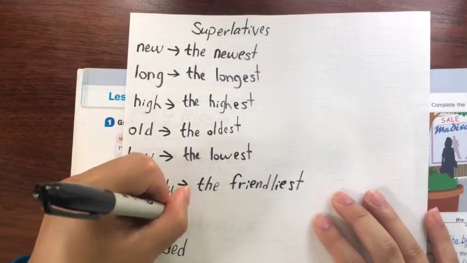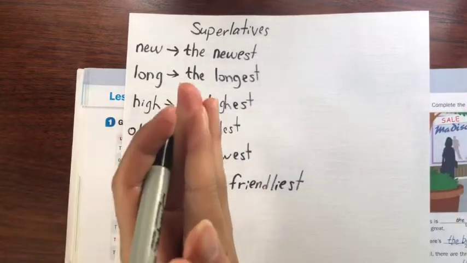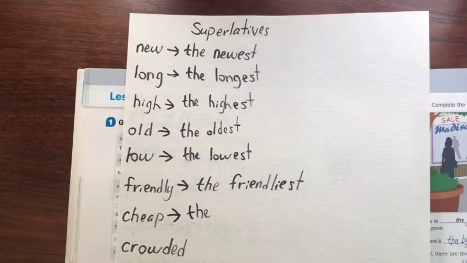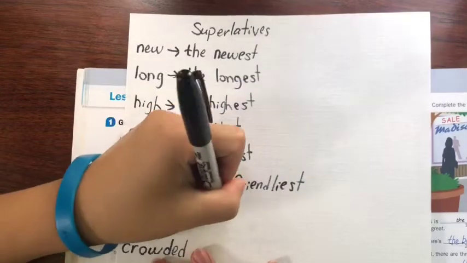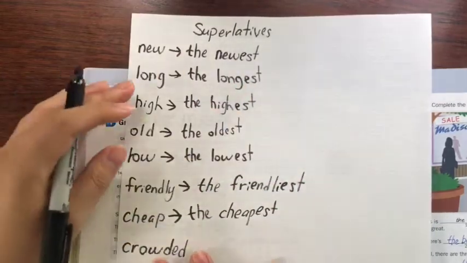Cheap. Cheap has one syllable. So, with one syllable, we say the cheap, ist, the cheapest.